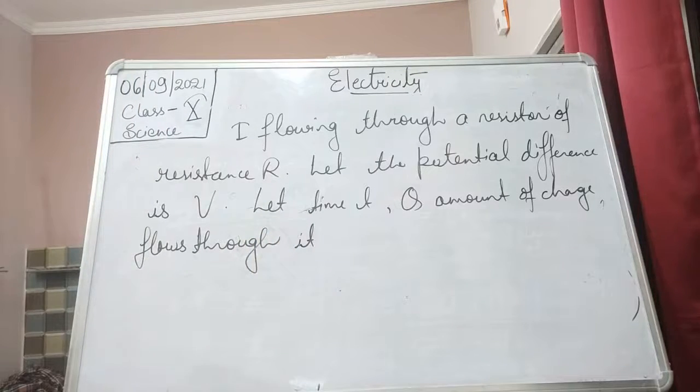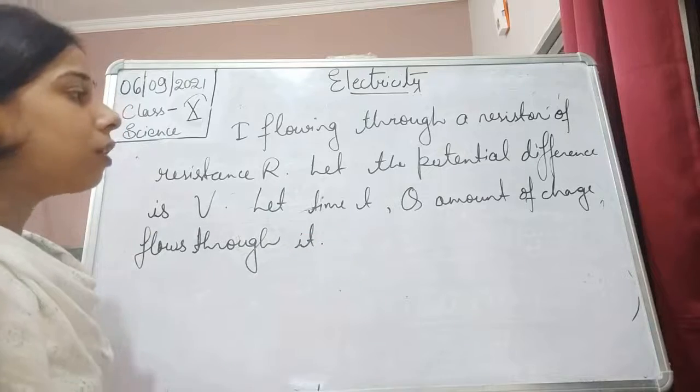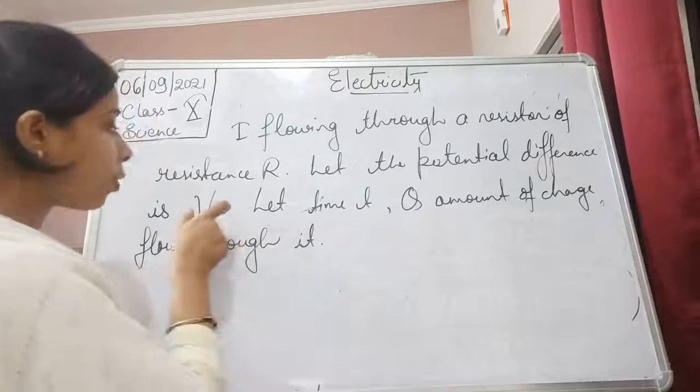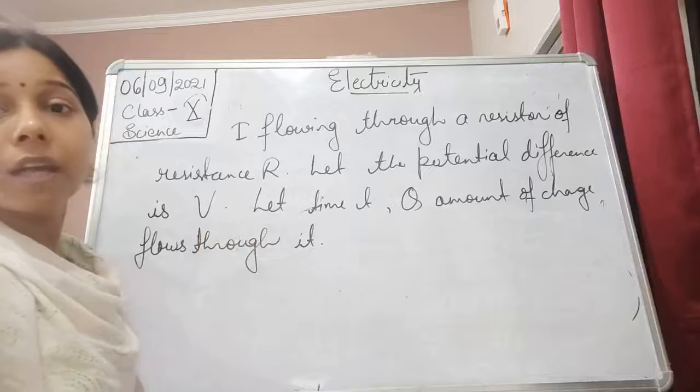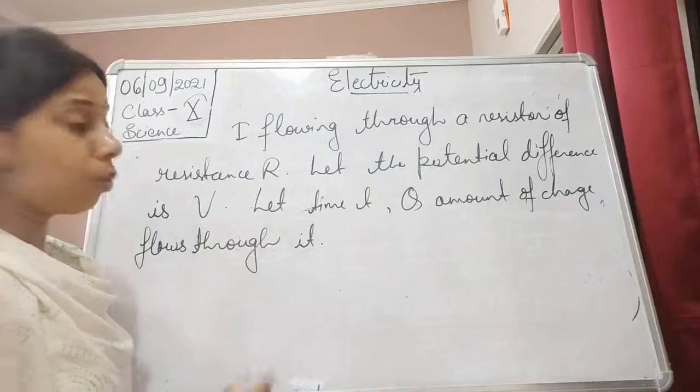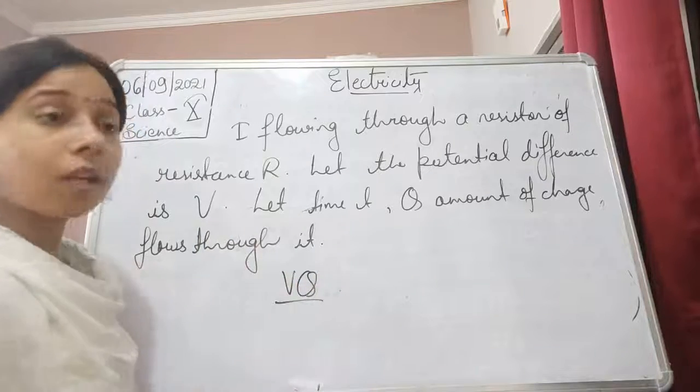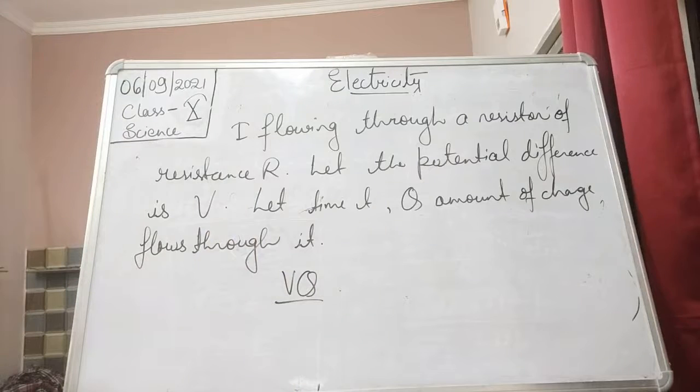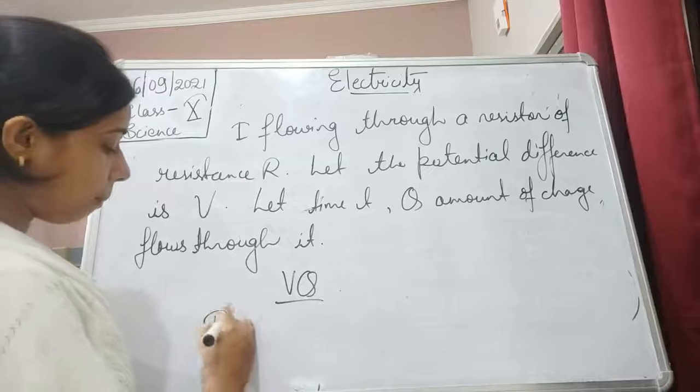Then the work done in taking this charge Q across the potential difference V will be equal to VQ. So what amount of power will we supply as input to the circuit? Power is equal to what?